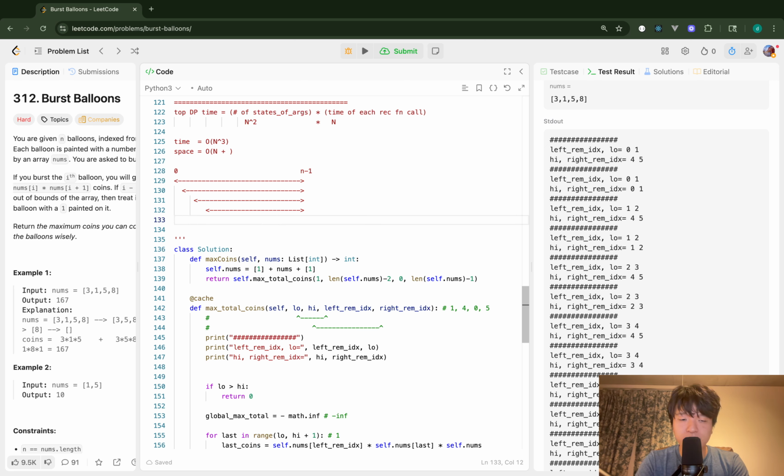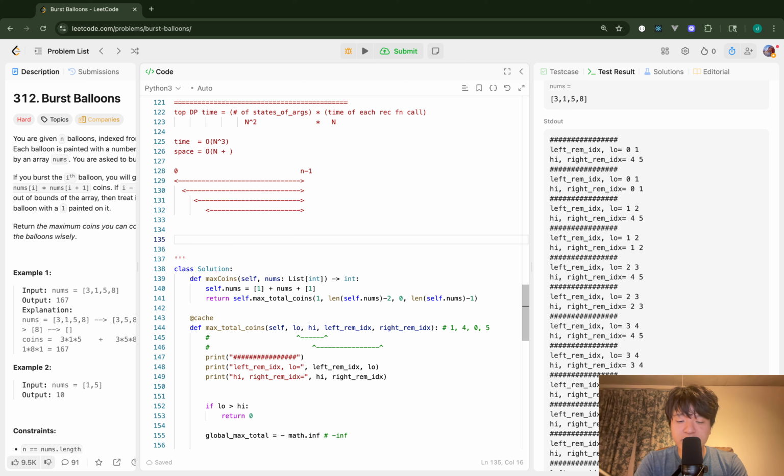So the depth of the recursive function, which is exactly how many steps I need until the current range becomes 1, is n minus 1. So it should be O of n.